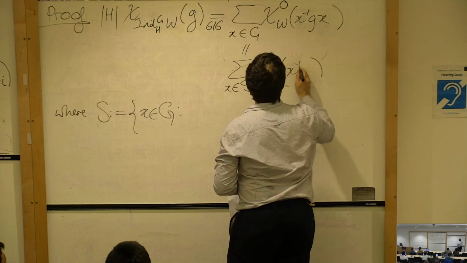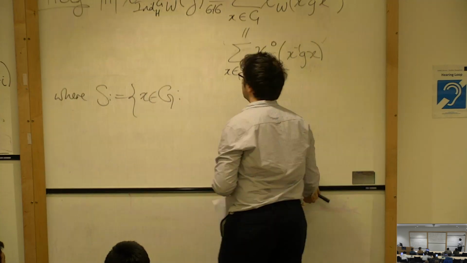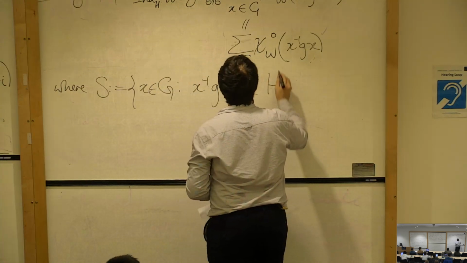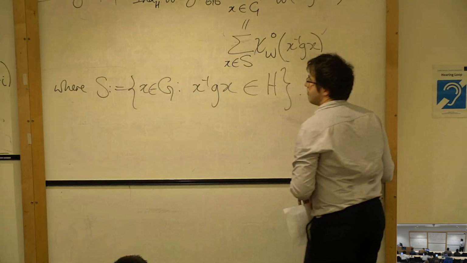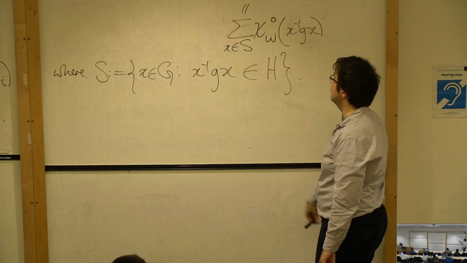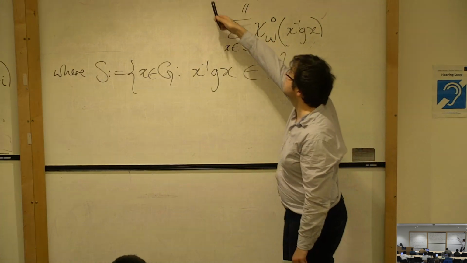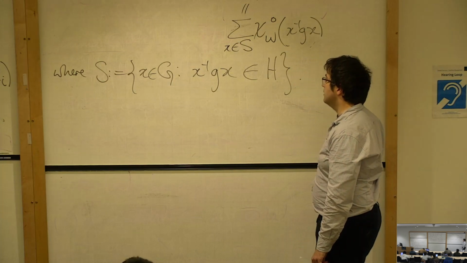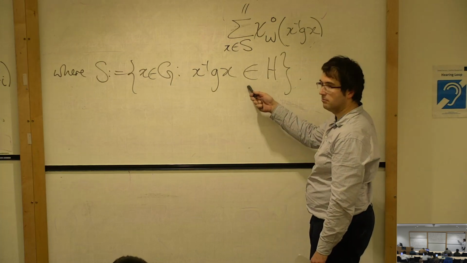Sorry. So I want x⁻¹gx in H. I define this set, obviously important in view of this theorem. And equally obviously there's going to be a lot of repetition.